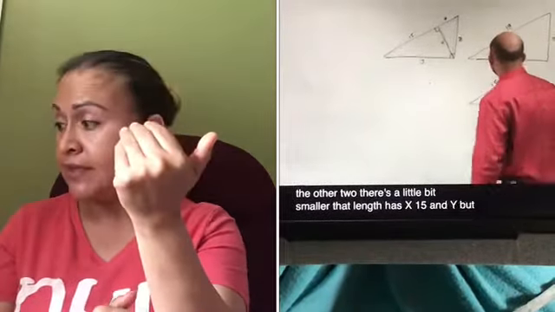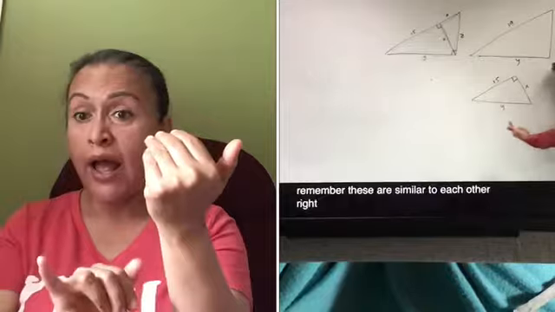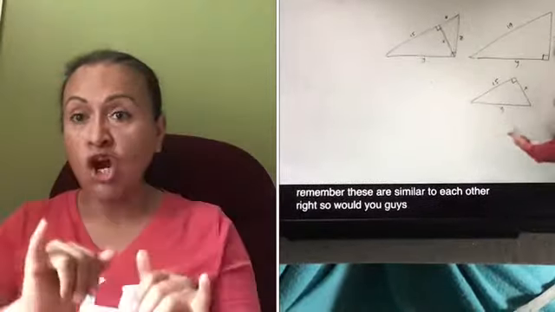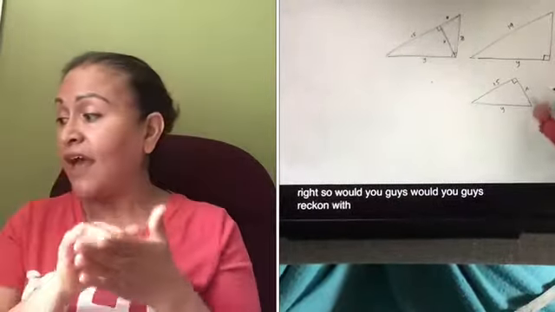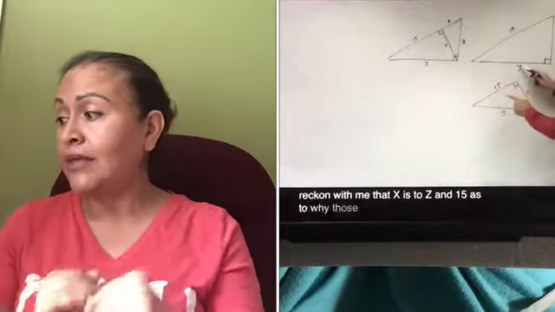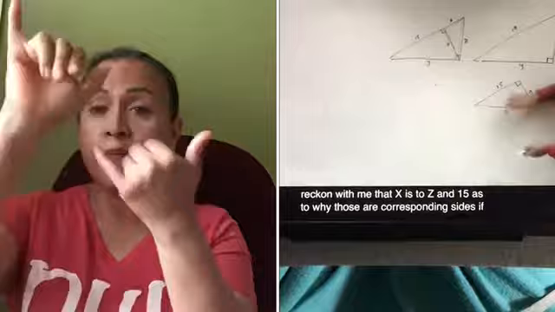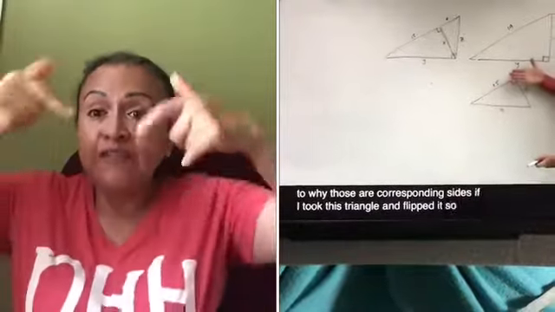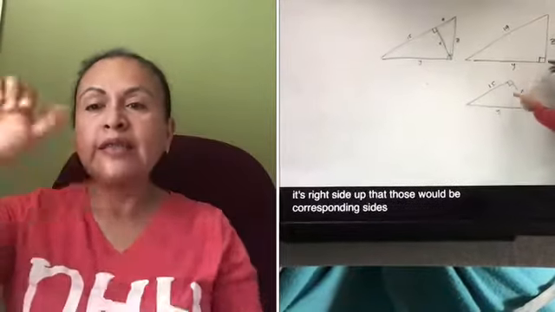But remember, these are similar to each other, right? So would you guys understand with me that X is to Z and 15 is to Y? Those are corresponding sides. If I took this triangle and flipped it so it's right side up, those would be corresponding sides. Would you guys agree with me? Okay.